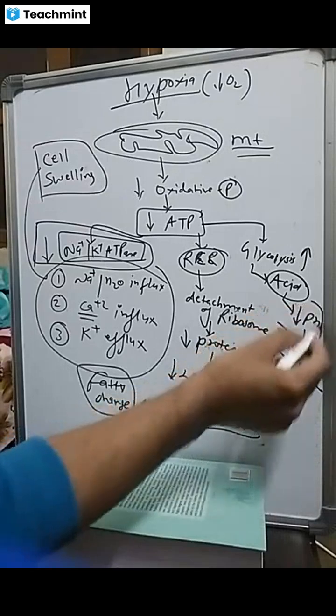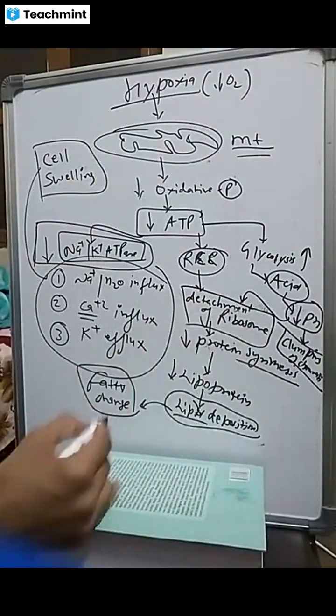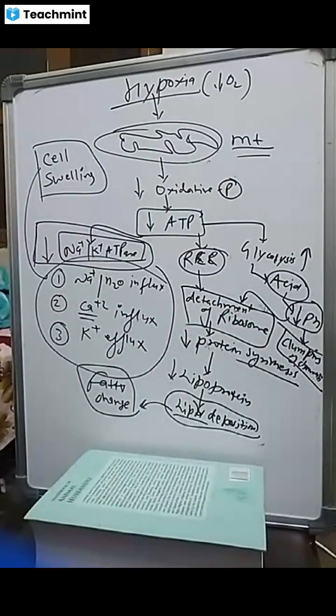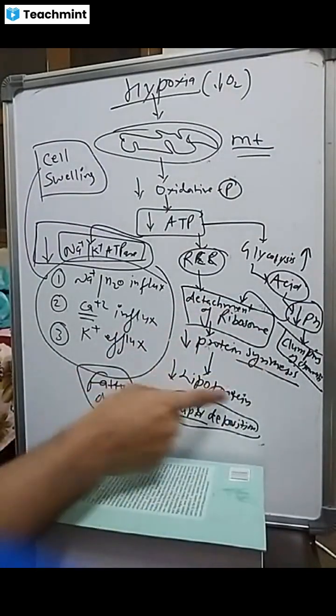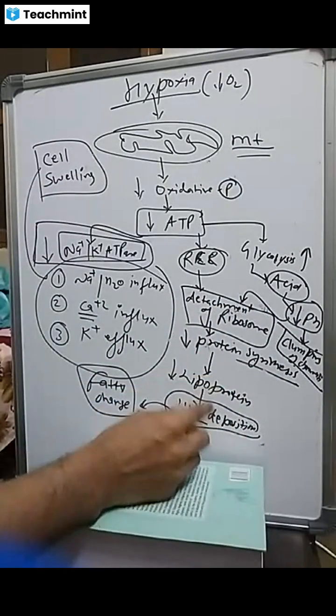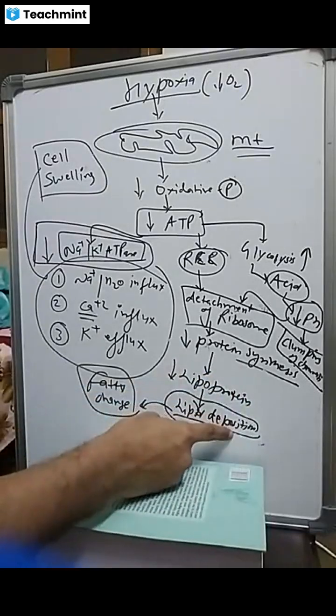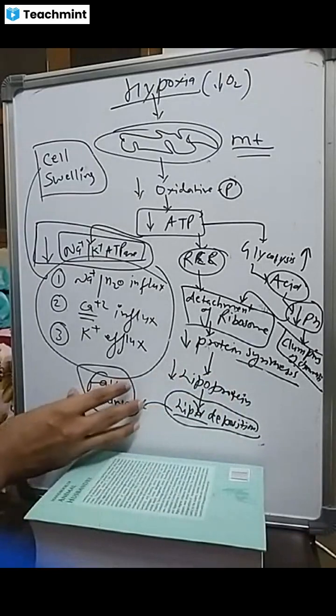This pH will also help in the detachment of ribosomes. So less protein synthesis; the protein which helps carry lipid out is not synthesized. So lipid will get deposited, fatty change.